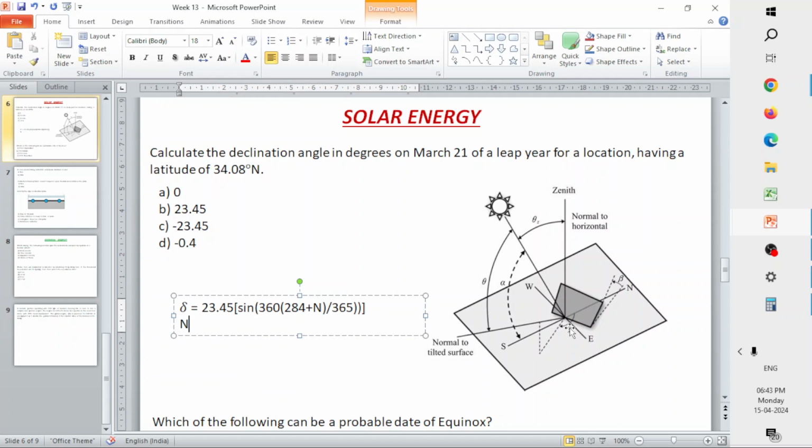So this is the formula for the declination angle. N is the number of days, or the nth day of the year.